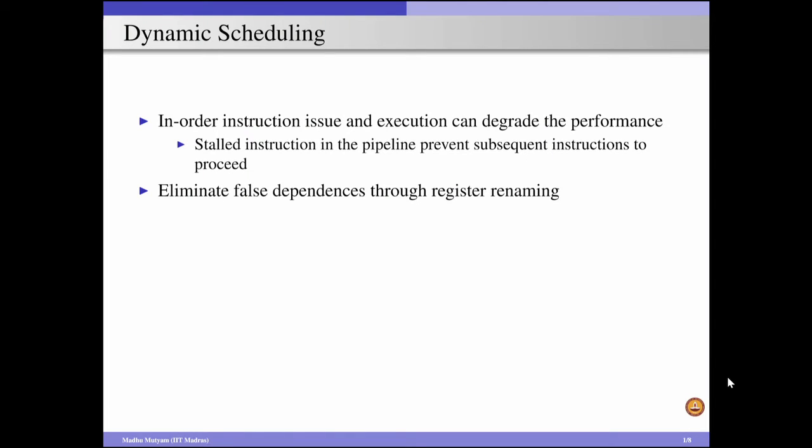So in order to eliminate the false dependence, we have to use techniques such as register renaming. So as part of these dynamic scheduling mechanisms, we consider techniques to eliminate these false dependencies by using register renaming. And once we eliminate name dependencies, we can schedule instructions in an out-of-order fashion.